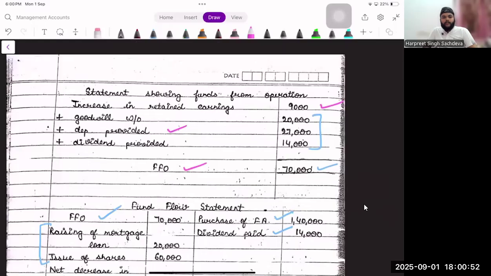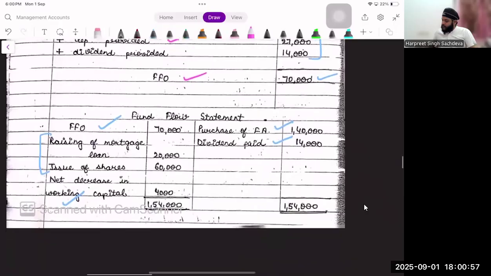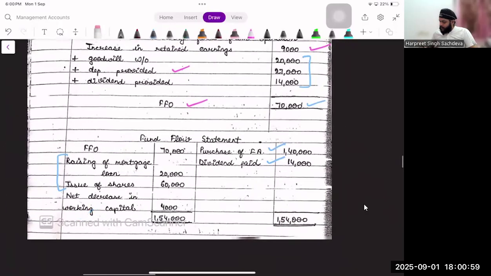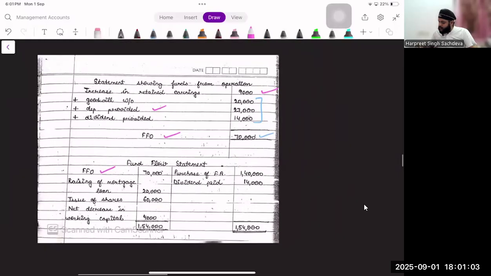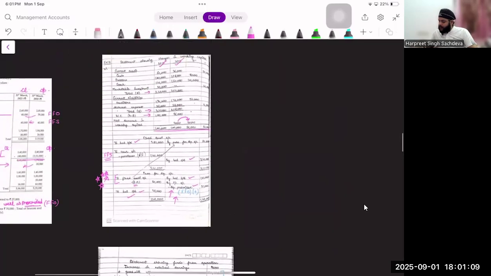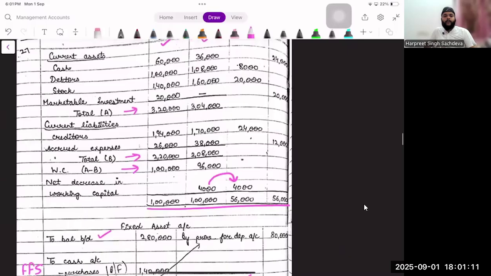So FFO is done. Now we'll go to the fund flow statement. In the fund flow statement, first of all we'll do FFO. FFO is a source if it is positive. Then we'll check the working capital. Which side will the decrease in working capital come, the source or the application?